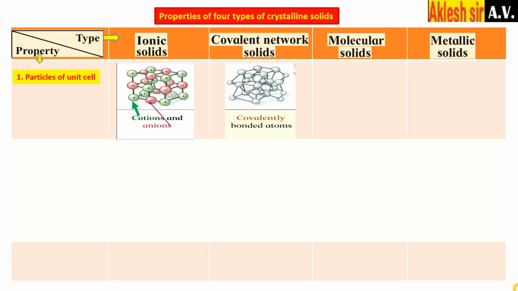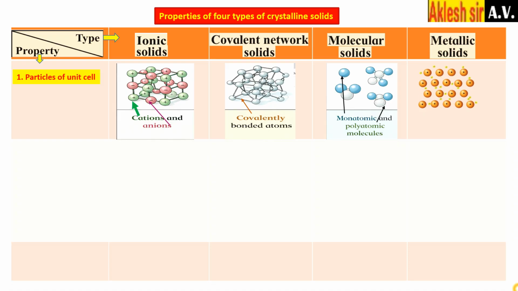In covalent network solids, atoms are covalently bonded with each other. Molecular solids consist of either monoatomic or polyatomic molecules. In a metallic solid, the metal ions of the crystal are surrounded by a sea of electrons.